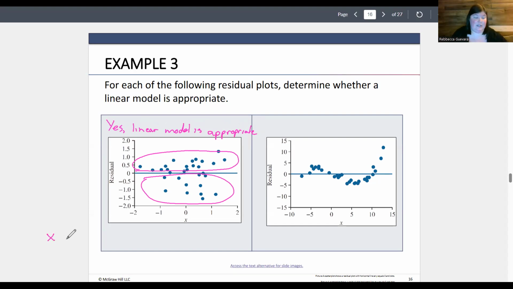We see that points are evenly above and below the x-axis, and there's no pattern.